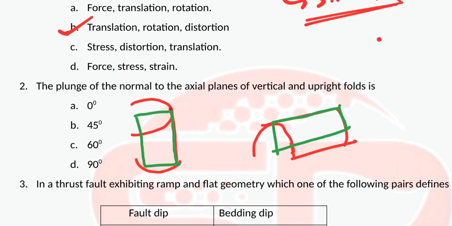If you draw any line that is perpendicular to the axial plane, in the case of a vertical fold or upright fold, it will be horizontal. If this is vertical, then this line will be horizontal. If it is a horizontal line, then the plunge will be 0. So the plunge of the normal to the axial planes of a vertical and upright fold will be 0 degrees.